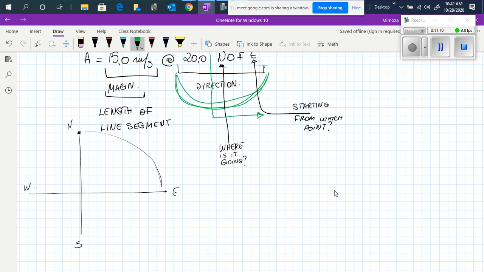So the way that you will represent this vector is a vector A, where the line segment of this vector represents 15 meters per second. And it is starting from east and going north at 20 degrees.